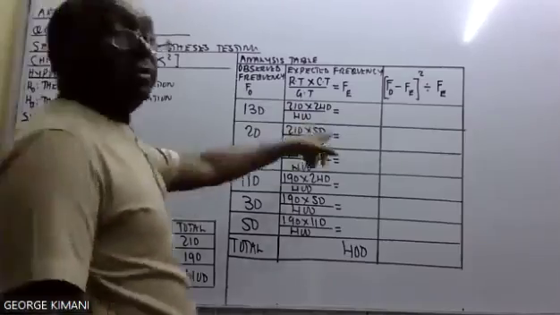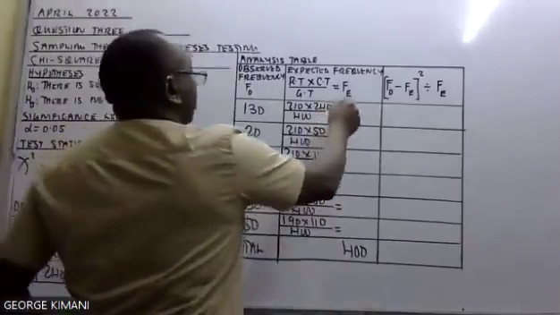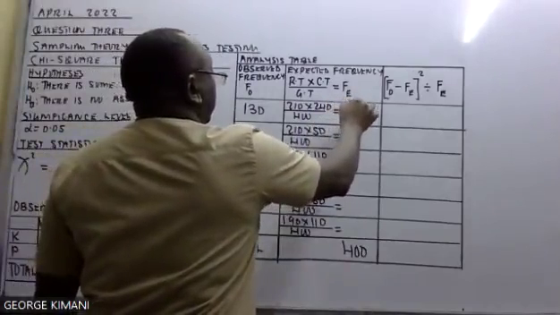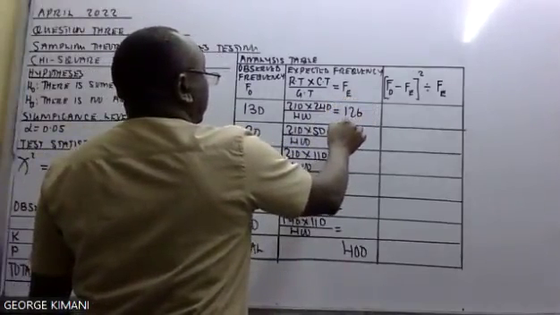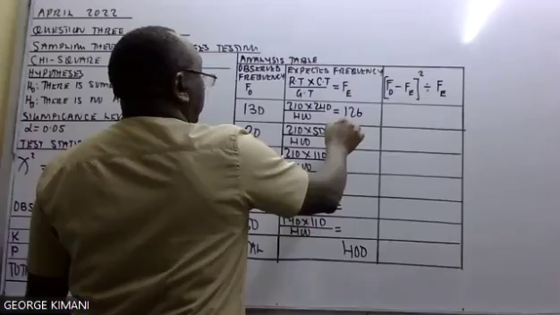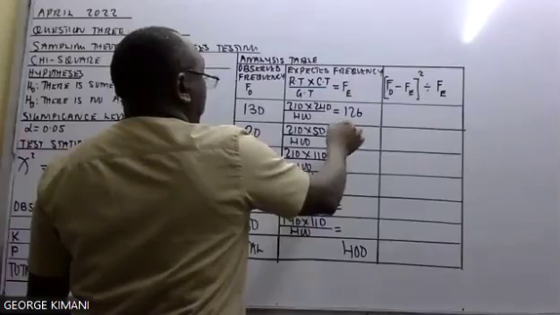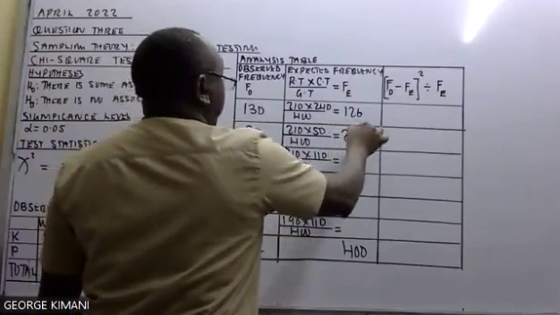You're through with this column? Yes. What's the report? 26.25. Okay, 26.25 then.